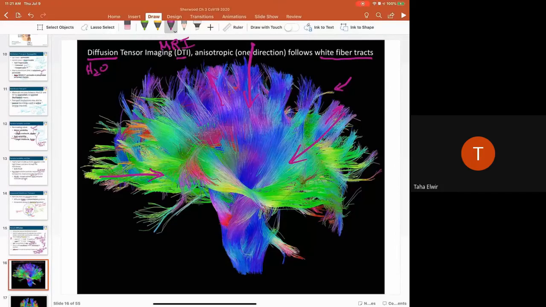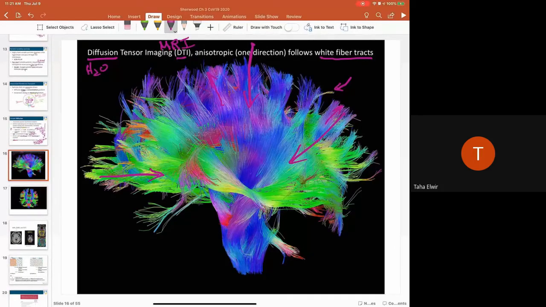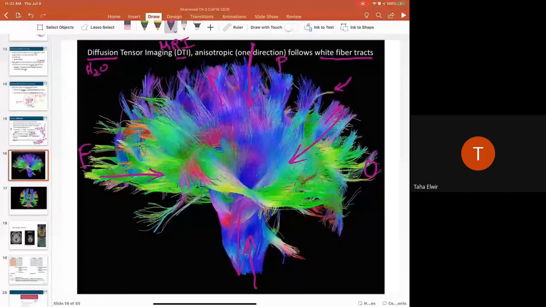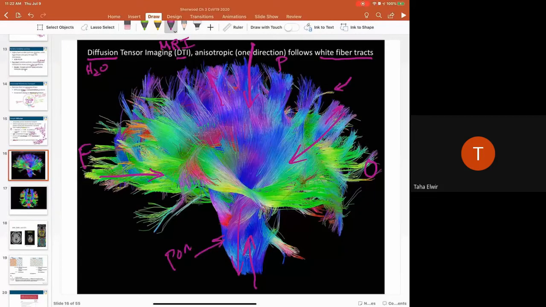So they got pathways coming in from the spinal cord. They've got pathways coming out through the spinal cord and then going out to various locations. So frontal lobe, parietal lobe, occipital lobe. Down here, we've got the pons. Cerebellum seems to be cut off back here.